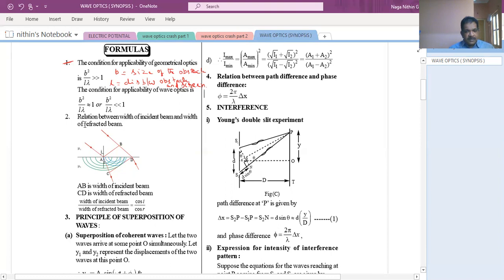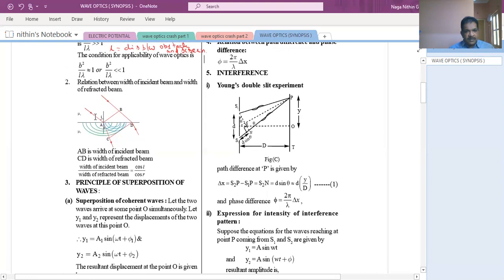Next, the second one: what is the relation between the width of the incident beam and the width of the refracted beam? If i is the angle of incidence, r will be the angle of refraction. Width of incident beam by width of refracted beam will be cos i by cos r.